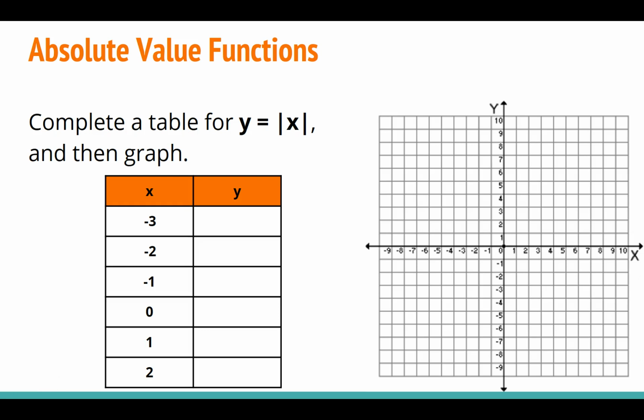Positive, because we're not going to do negative distance, right? So the absolute value of -3 is 3. How about -2? -1. 0. 2. Tricked you, didn't I? It's just my distance.